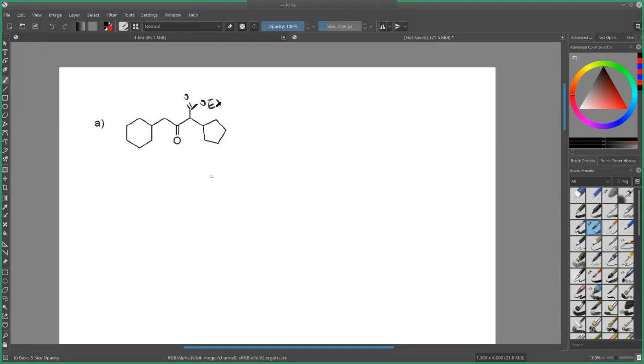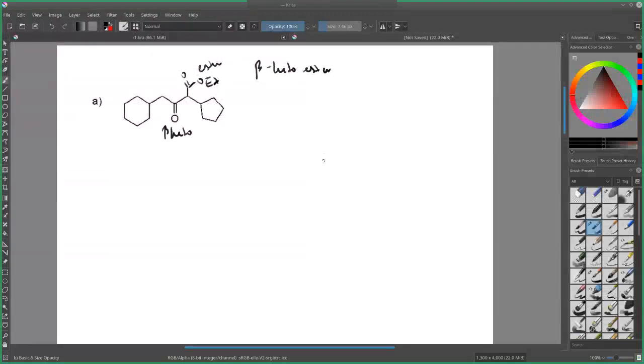Okay? And so we've got an ester, and here's a beta ketone. So we have a beta keto ester, and which reaction makes beta keto esters? Claisen. Yeah, there we go.